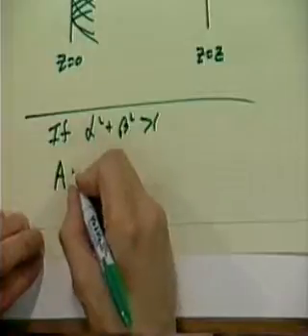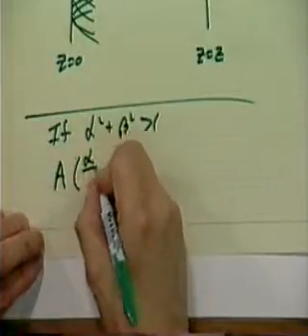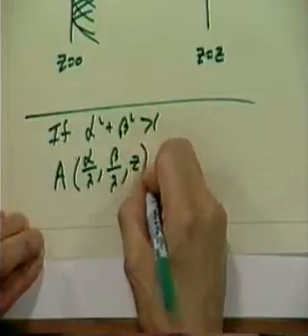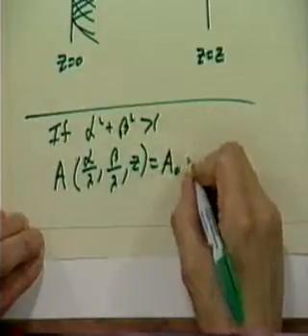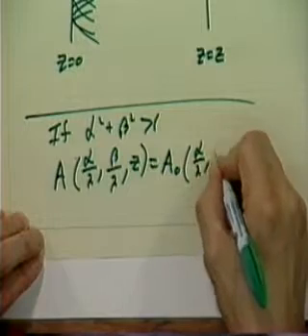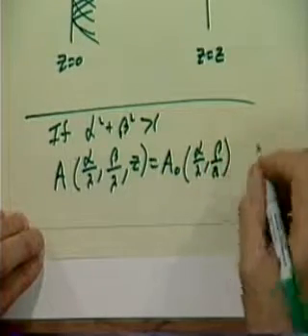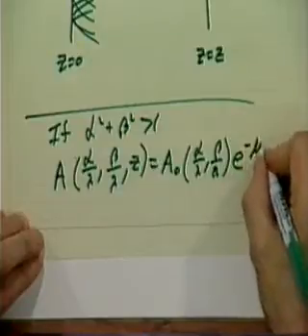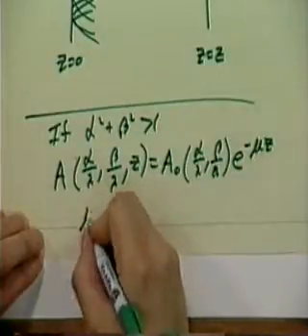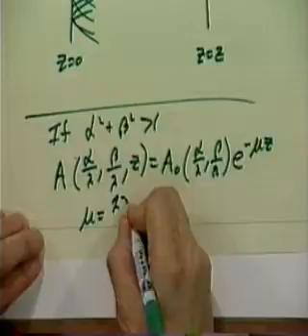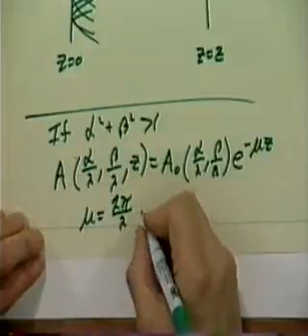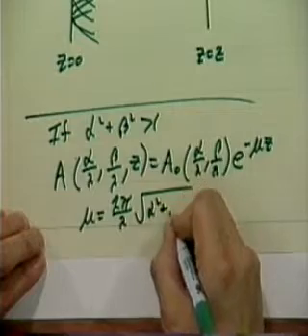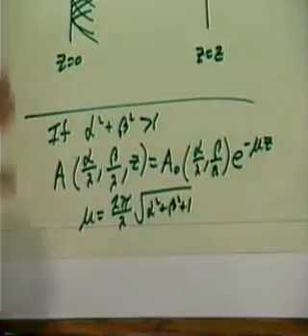And so we would have then A of alpha over lambda, beta over lambda, and Z is A naught of alpha over lambda, beta over lambda, times e to the minus mu z, where mu was 2 pi over lambda, square root of alpha squared plus beta squared minus 1.